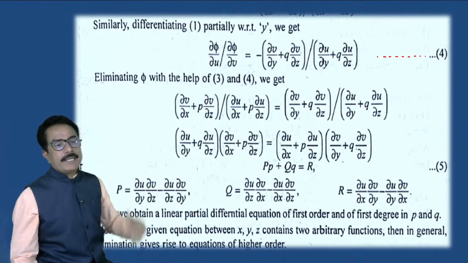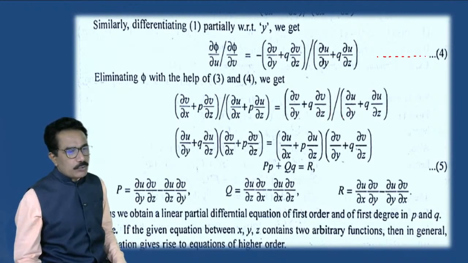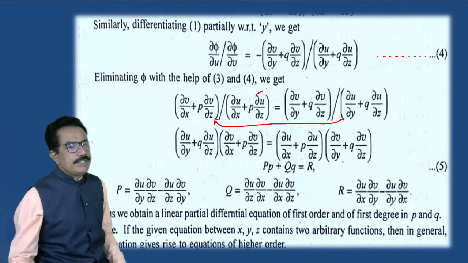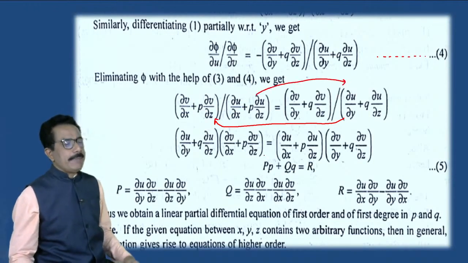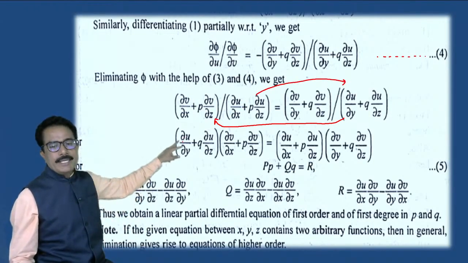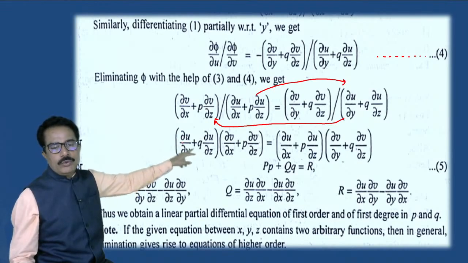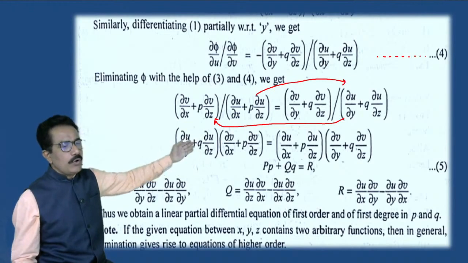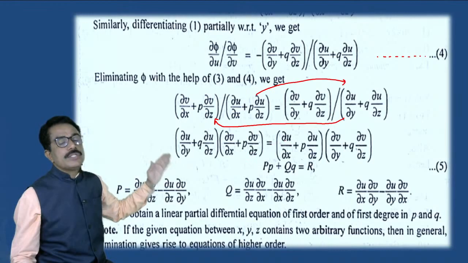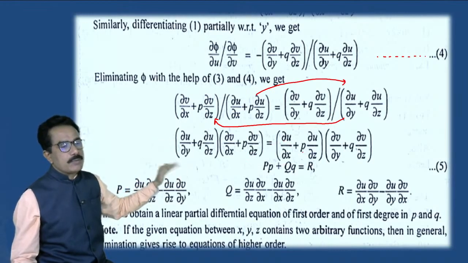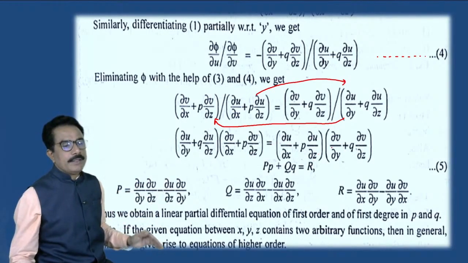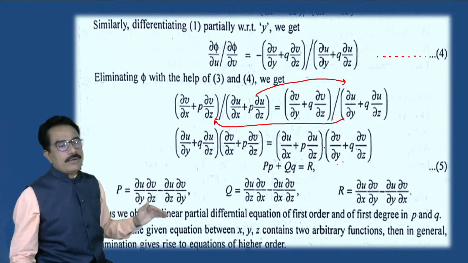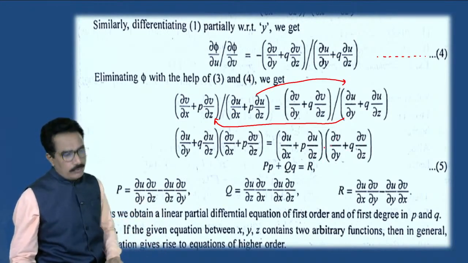Now take the cross multiplication. Cross multiplication means we have to transfer this term on the left side and this term on the right side in the multiplication. So we will get (∂u/∂y + q ∂u/∂z) into (∂v/∂x + p ∂v/∂z), which is equals to (∂u/∂x + p ∂u/∂z) into (∂v/∂y + q ∂v/∂z).